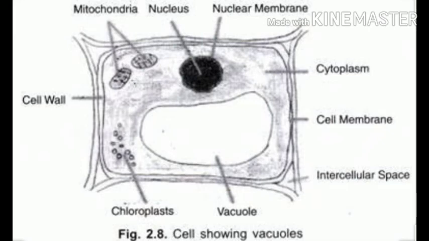The food is digested there by digestive juice, and then through a channel the waste goes out from their body, or is expelled. So these are the functions of the vacuoles in cells.